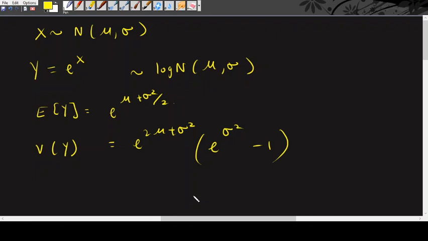And we want to find the expected value of m and also the variance of m.